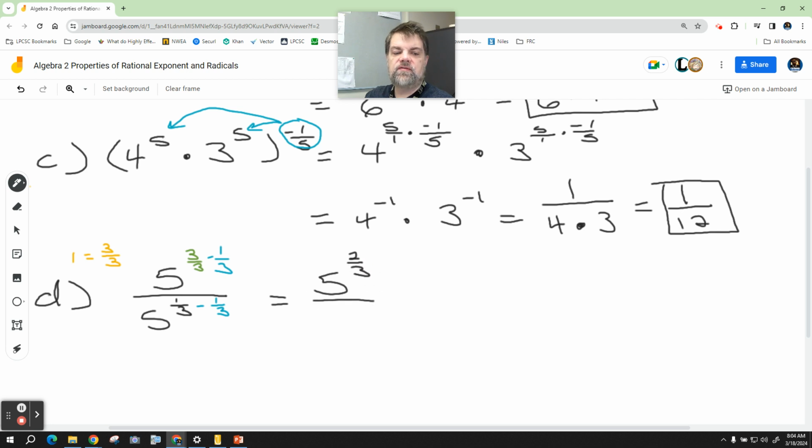All over 5 raised to the, what's 1/3 minus 1/3? One-third minus 1/3 is 0. Okay, good. You guys aren't awake yet either. So what is 5 to the 0 power? Anything raised to the 0 power is 1. And then anything over 1 is itself.